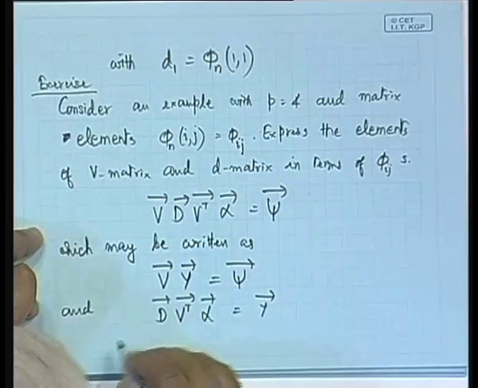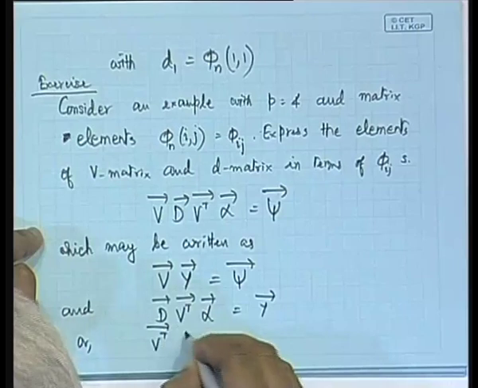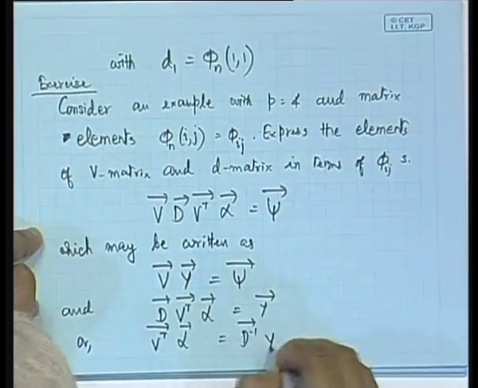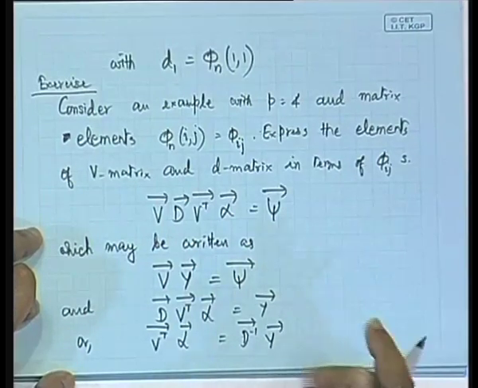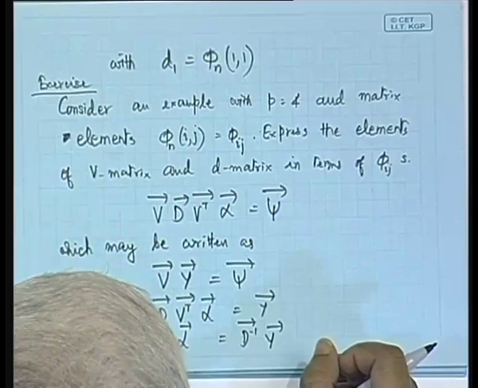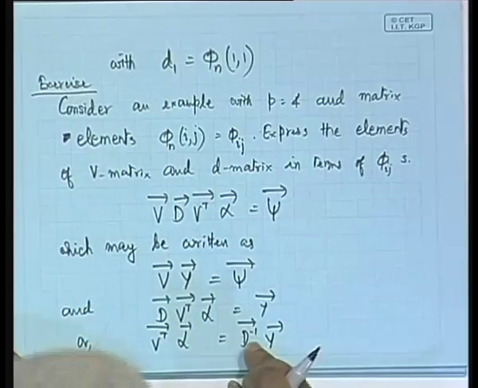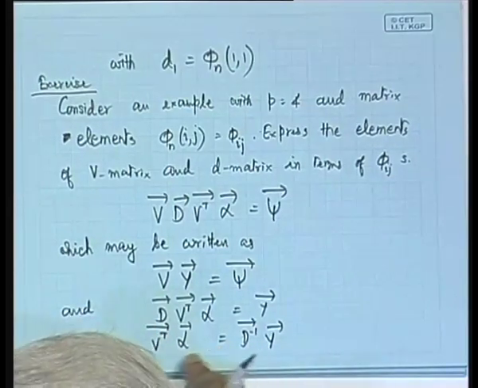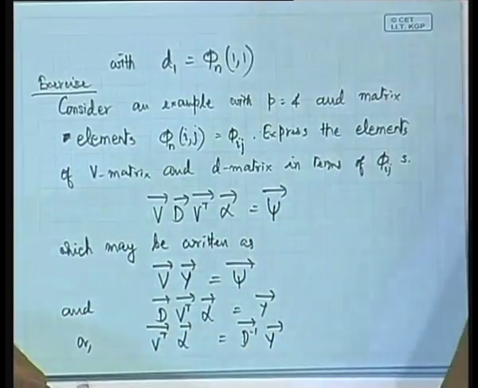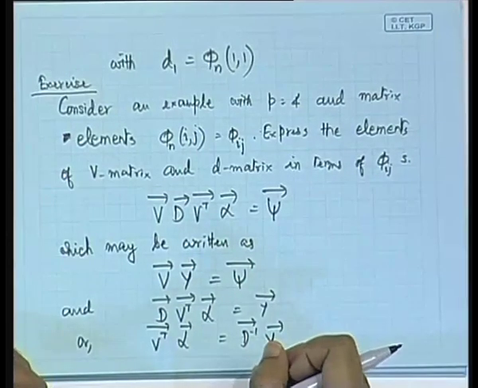Which means we can write V transpose alpha as nothing but D inverse into Y, right. So ultimately what we have to do is to solve for this alpha. Let us see whether writing this expression as V transpose alpha is equal to D inverse Y, okay, really helps us in getting any efficient solution or not.